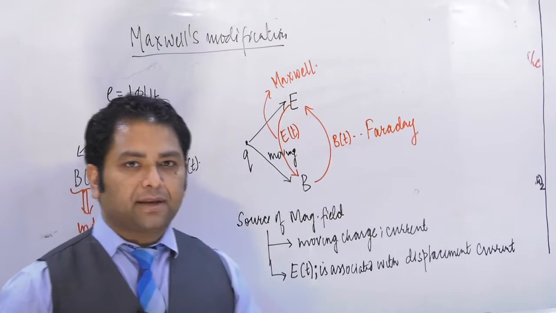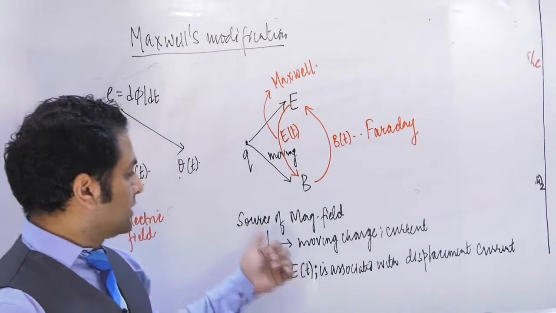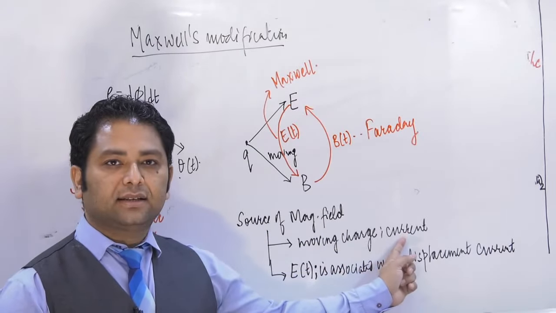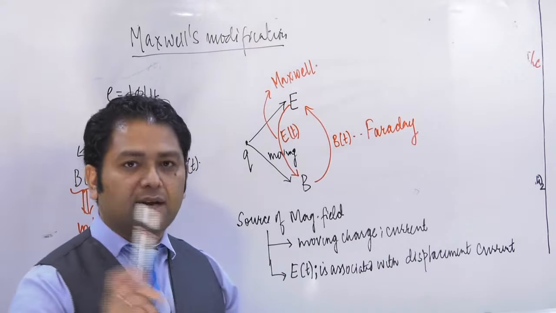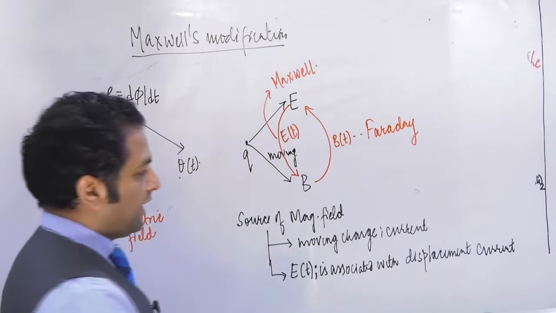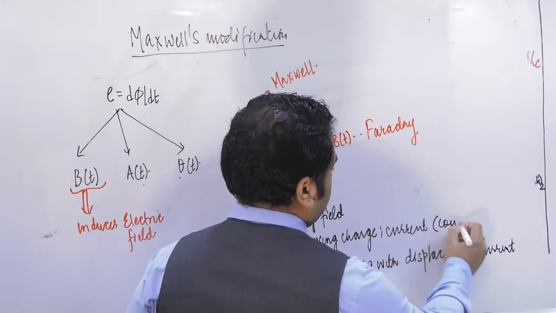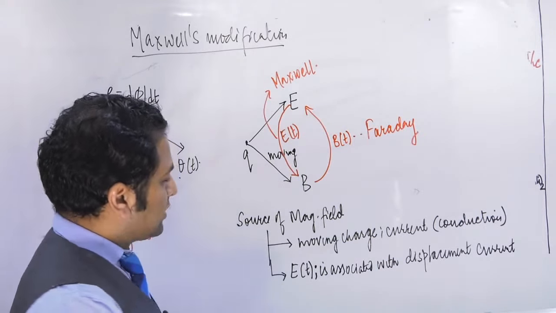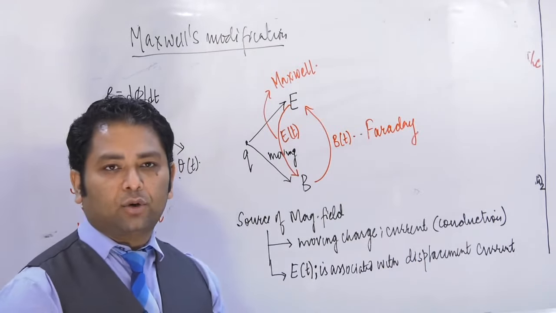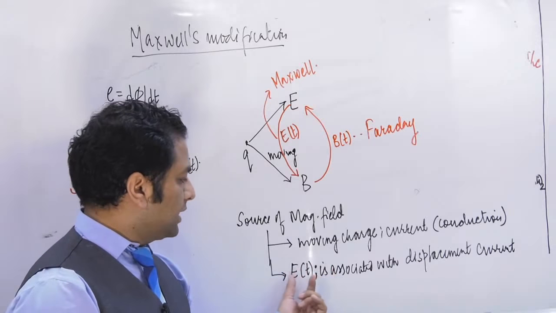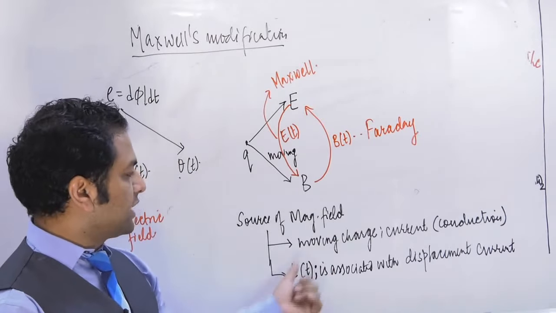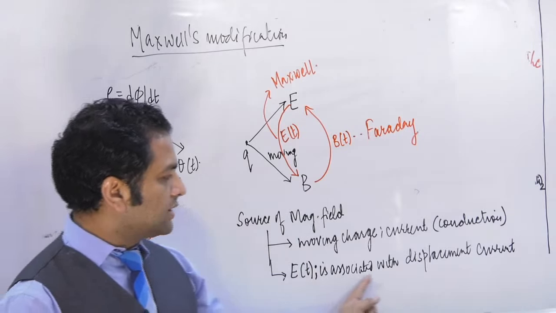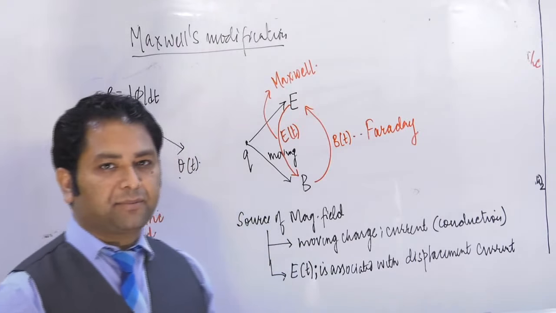So basically, coming to this point, a source of magnetic field is either a moving charge or a current. But this was the regular current which flows in a circuit, and this current would be called the conduction current. While there is also another way to represent the overall mechanism: a time varying electric field will also generate the magnetic field, and a time varying electric field is always associated with displacement current.